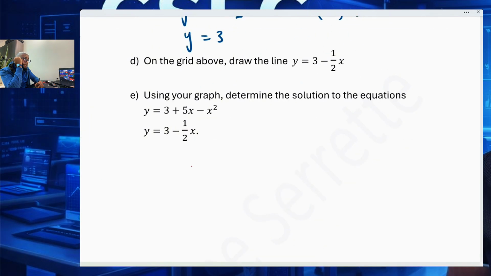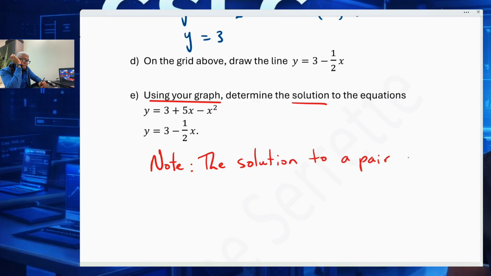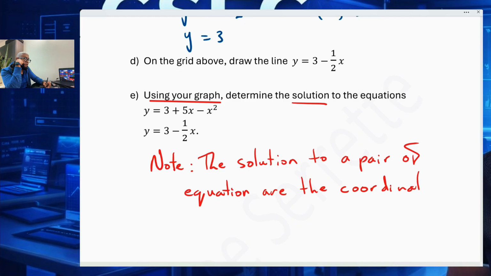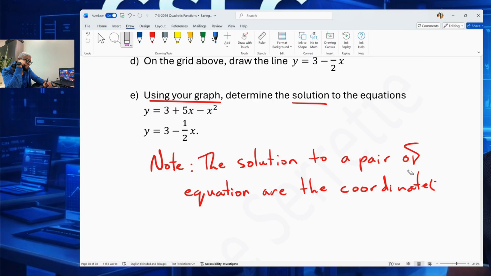They said using the graph, determine the solution to the equation. So write this down. Note: the solution to a pair of equations, it doesn't matter if it's simultaneous and linear, are the coordinates of the point or points.